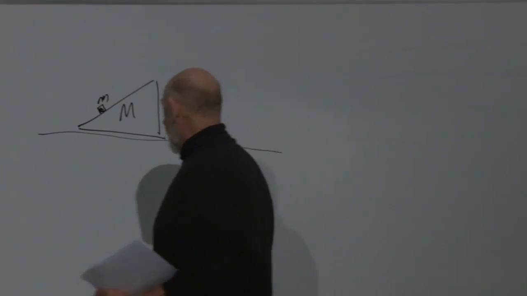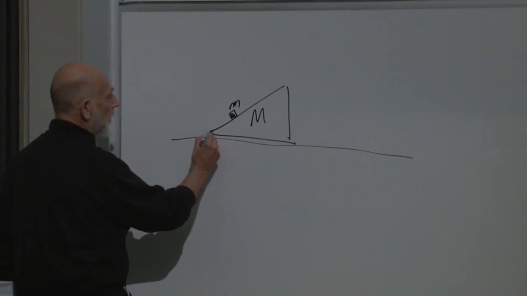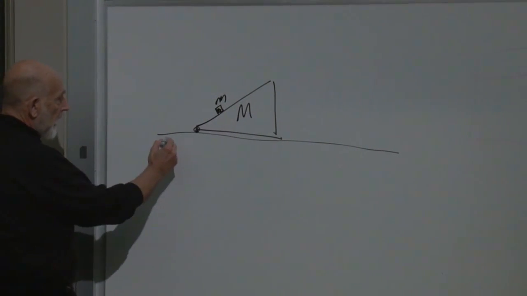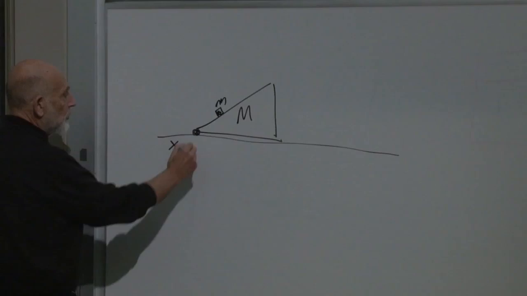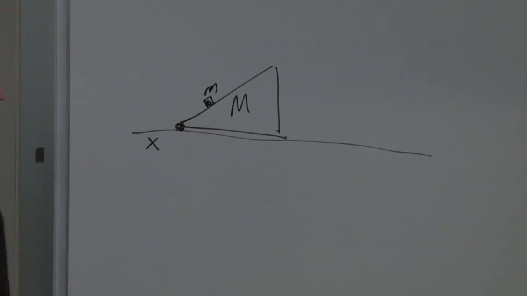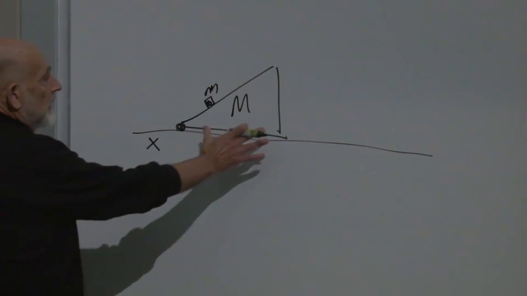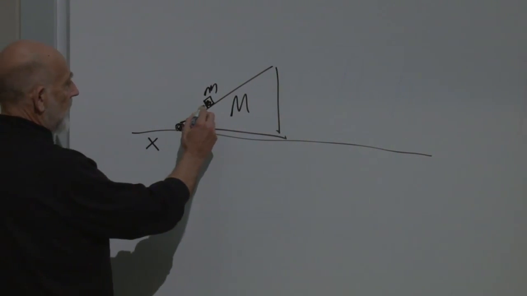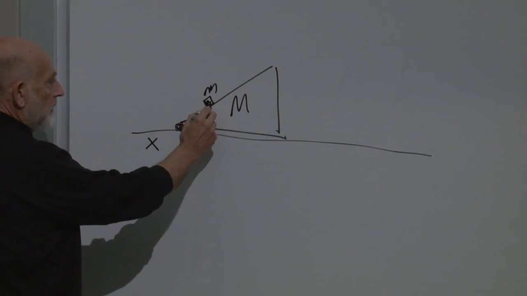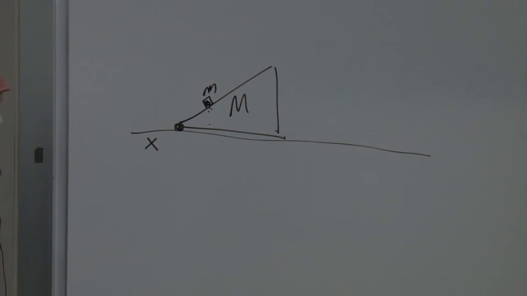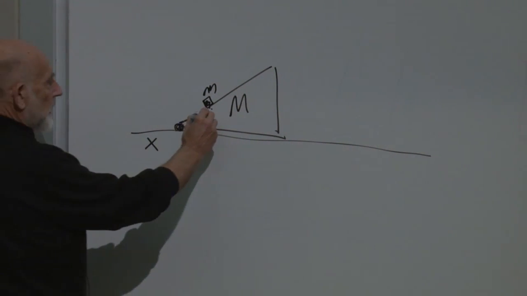2 is correct. For example, let the horizontal axis be x. I could give you the x horizontal coordinate of the corner over here, that would locate the triangle for you. And then I could also give you either the x component of this mass or the distance along the hypotenuse. Let's use the x coordinate.